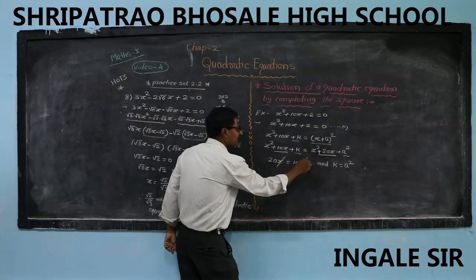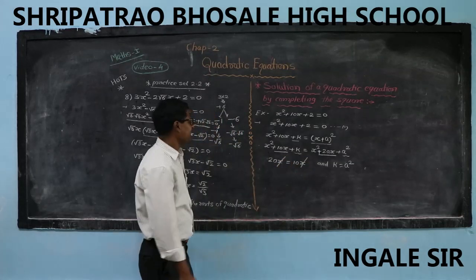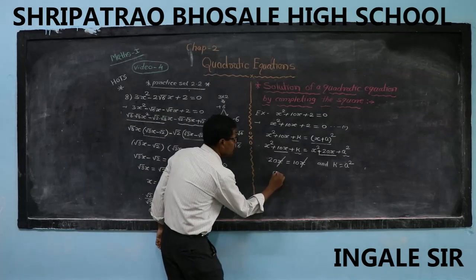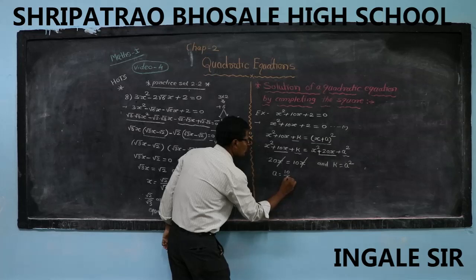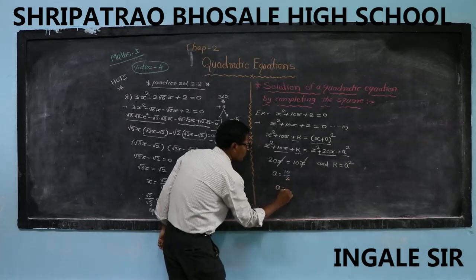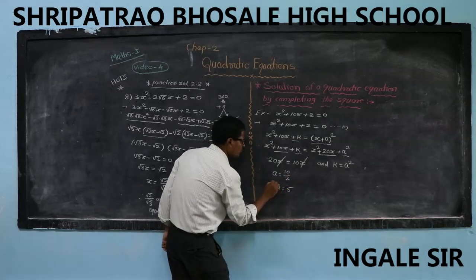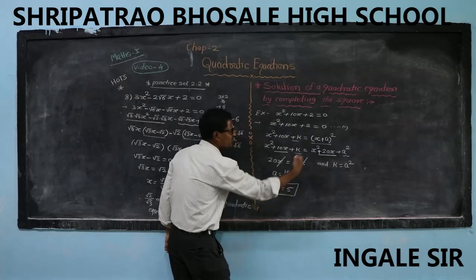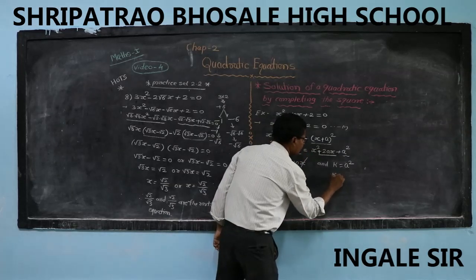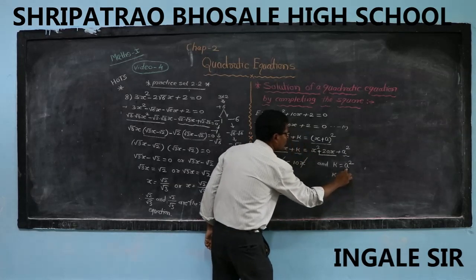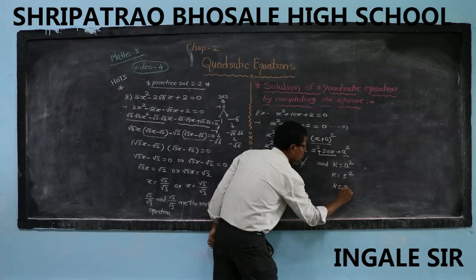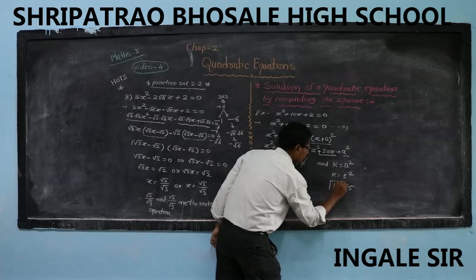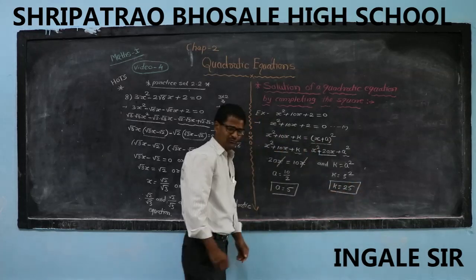On the right-hand side and left-hand side, x is eliminated. So a is equal to 10 by 2, so a is equal to 5. Put this value here: a is 5, so a² is 5², and a² is 25.